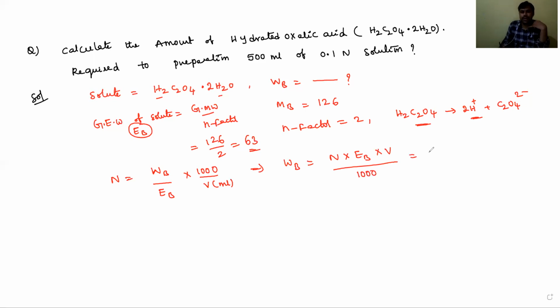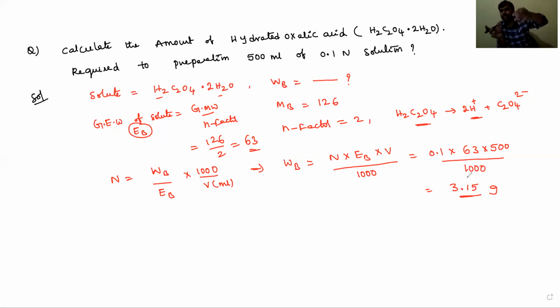The normality given in the question is 0.1, the equivalent weight of oxalic acid is 63, and the volume we are making is 500 ml, divided by 1000. On simplification we get 3.15 grams. So if 3.15 grams of oxalic acid is transferred into a 500 ml volumetric flask and made up with water, its concentration is 0.1 normal. Okay students, let's go for the next question.